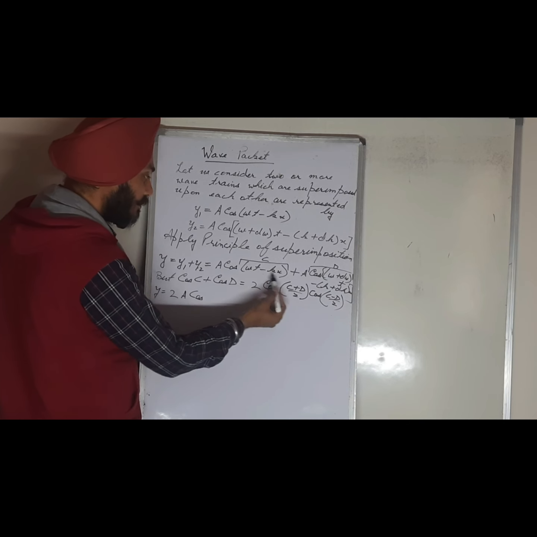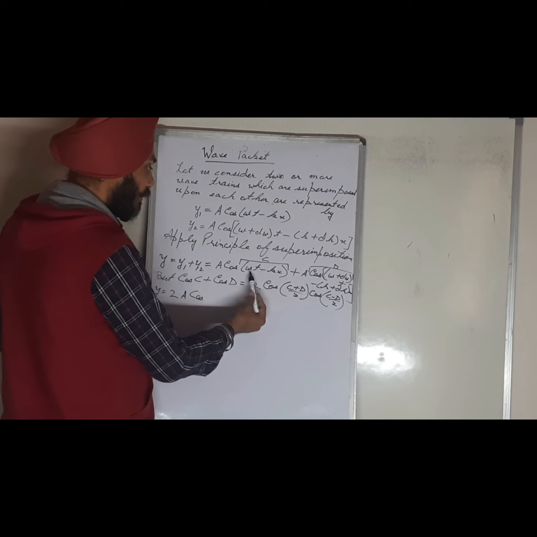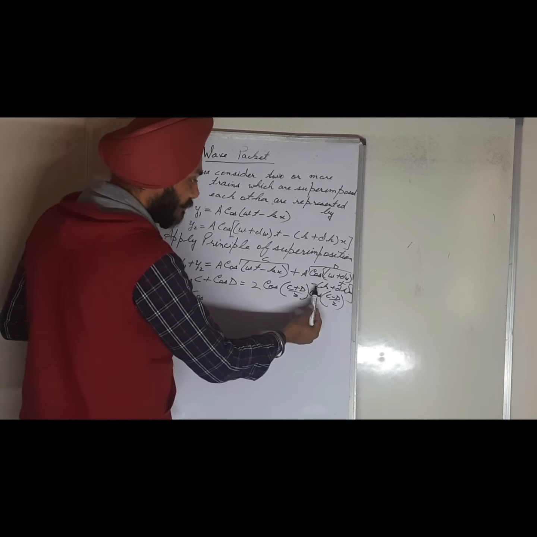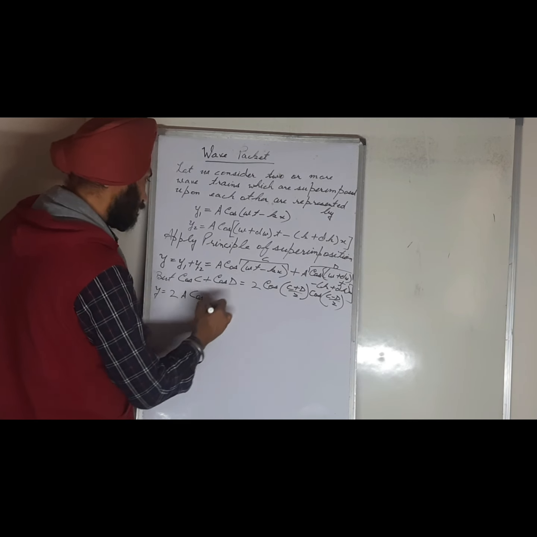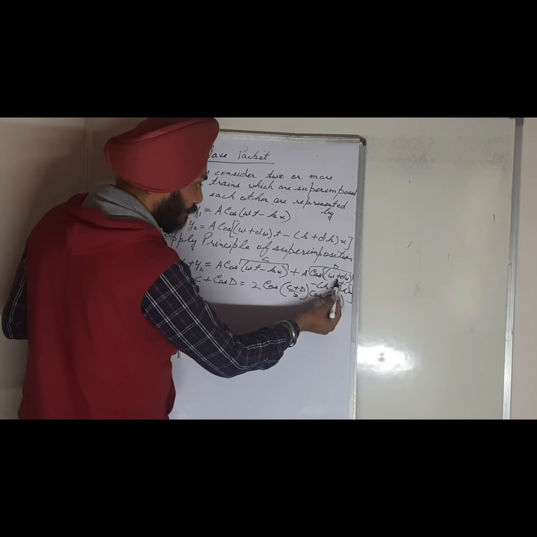C plus D means this thing plus this thing. So I write omega t plus omega t, 2 omega t minus kx minus kx, so 2 kx, plus d omega t.